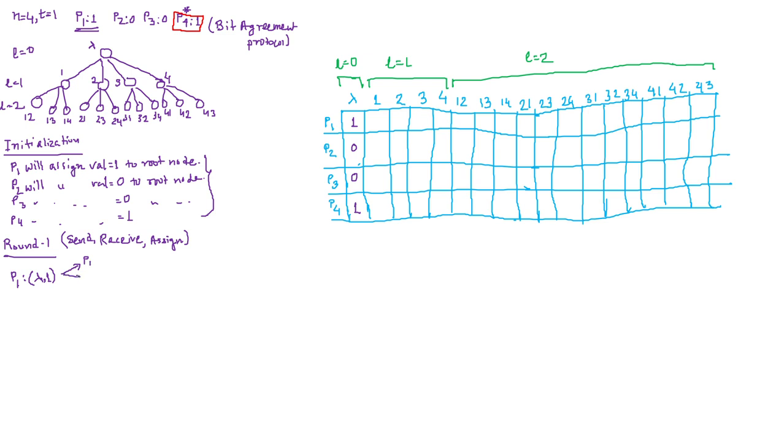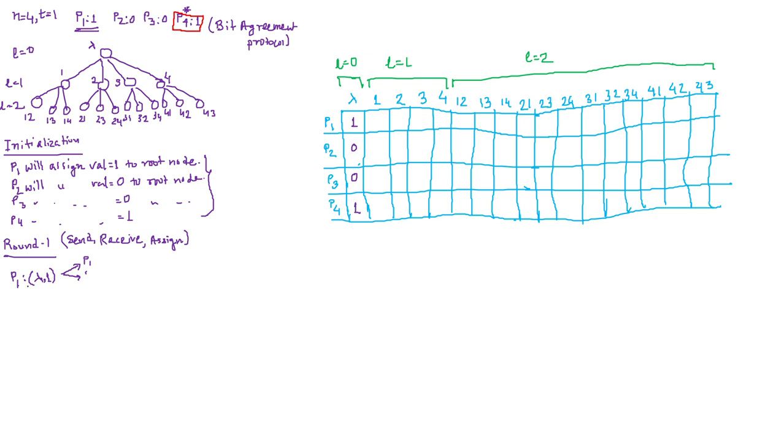So P1 will send lambda comma 1, which means P1 is saying that at my EIG tree, the node with level lambda contains the value 1.